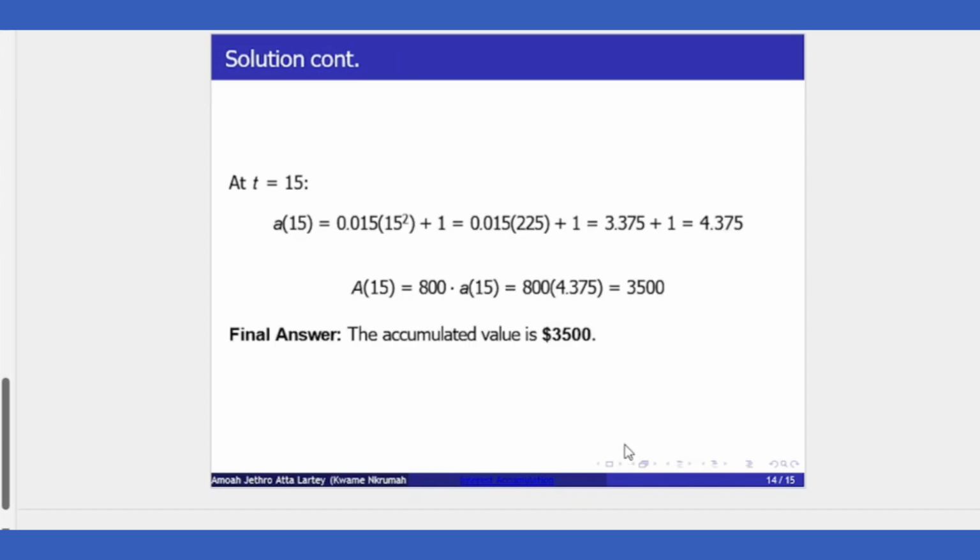We substituted 15 and we had 4.375. Then to find the accumulated value at time 15, you just do the substitution, and the final answer becomes 3,500. You have to punch it on your calculator to check if it's correct.